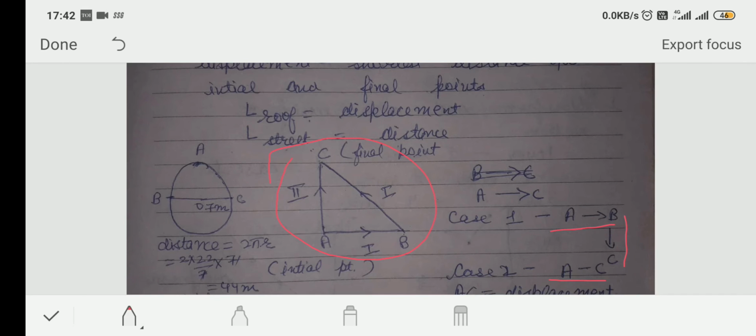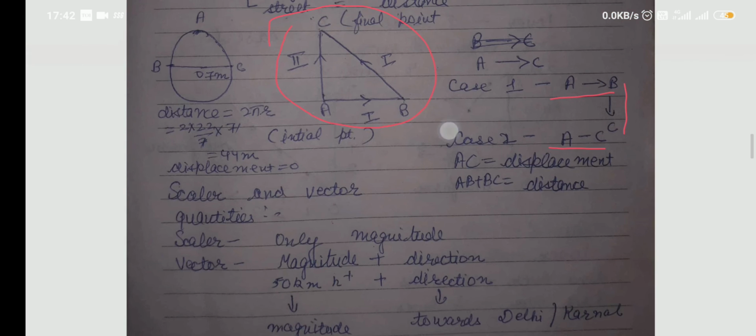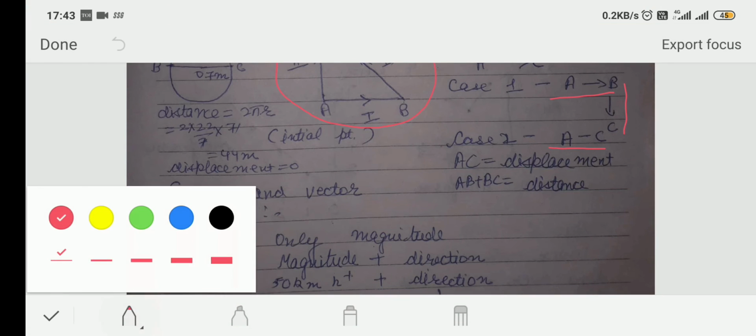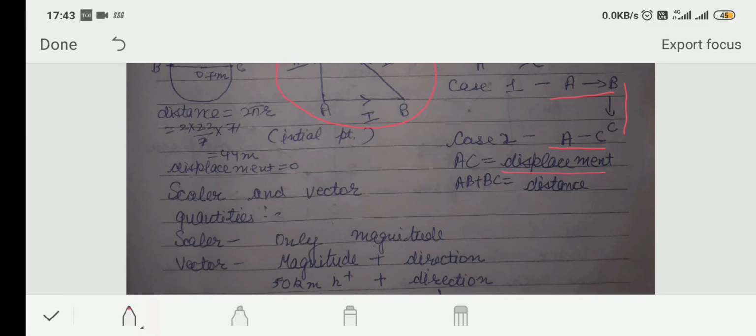So in this case, my shortest path is AC, so I'll make AC the displacement and AB plus BC the distance. From this example I can say that the value of displacement depends on direction.